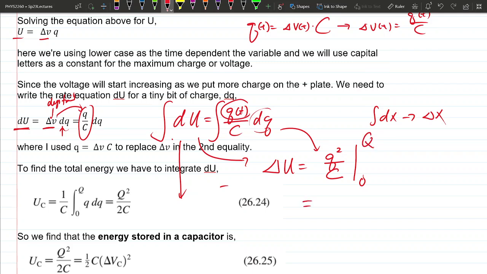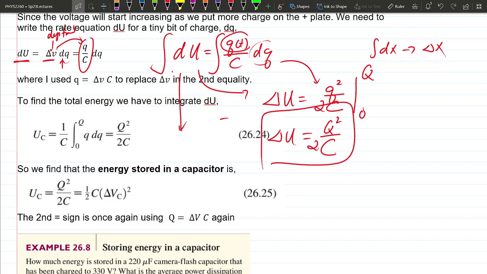So the amount of energy stored in the capacitor is the charge squared divided by the capacitance. Oh, yeah, a 2. Good catch. I always miss that 2. I did that yesterday too, didn't I? Some bad integration. It has been like 21 years since I took a calculus class, so I have an excuse. What's yours?